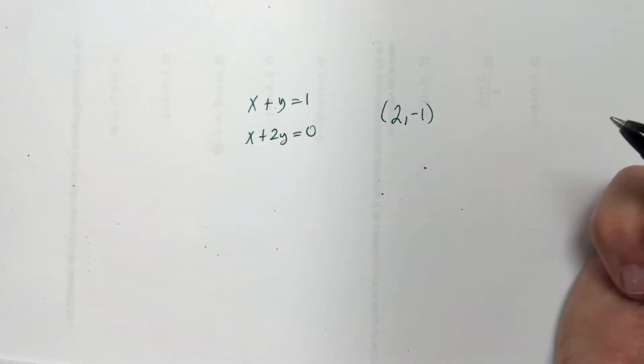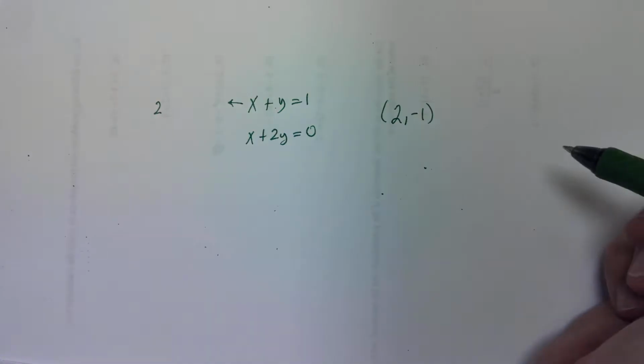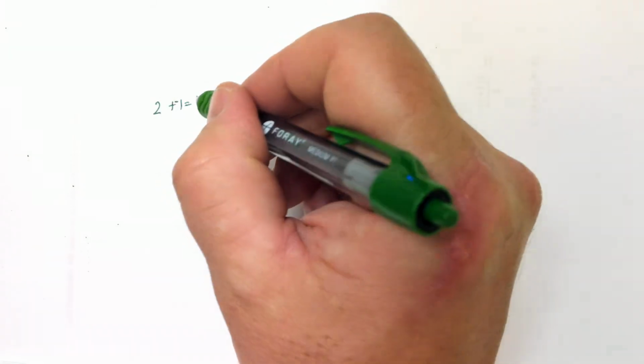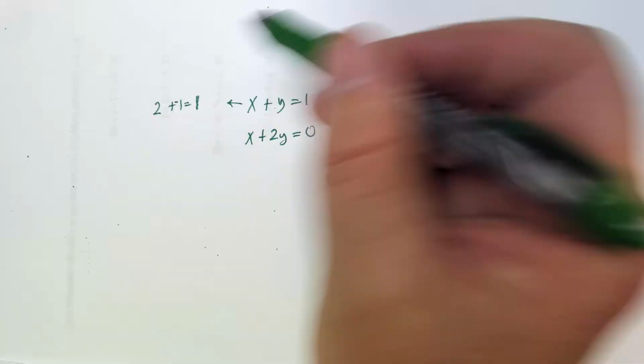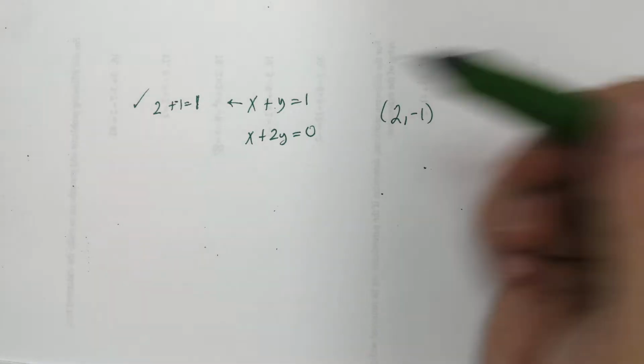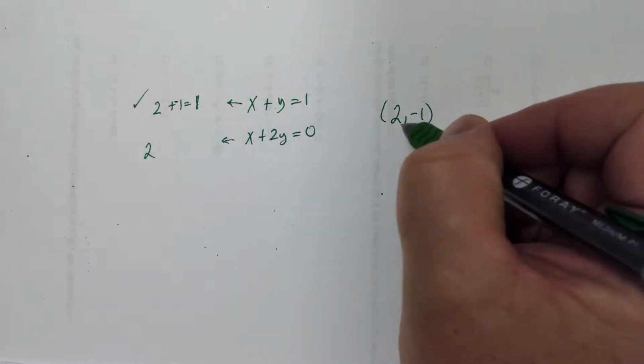2, -1. So I have to check them both, so I'm going to check this one first. 2 plus -1 equals 1. That's true, right? 2 minus 1 is 1. That's good. And then let's check the second one. So it's 2 for x, right?